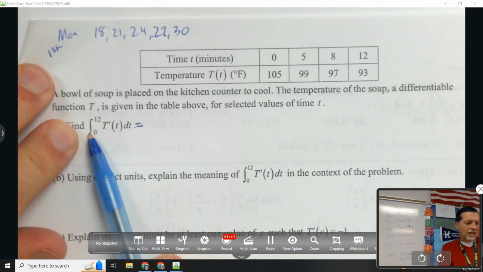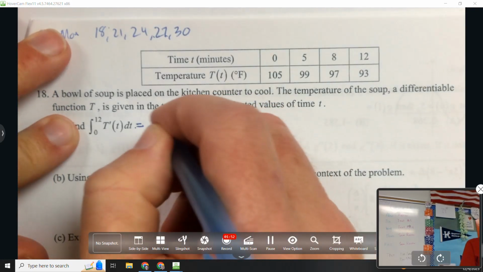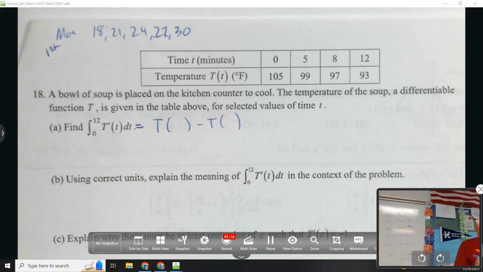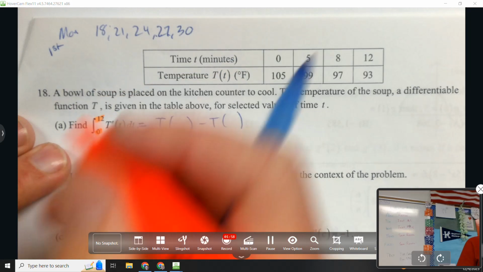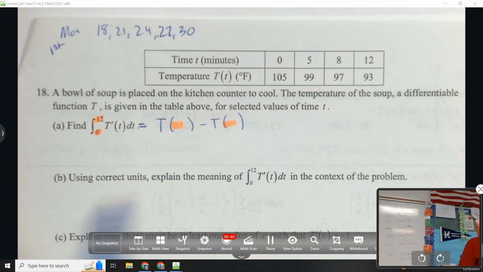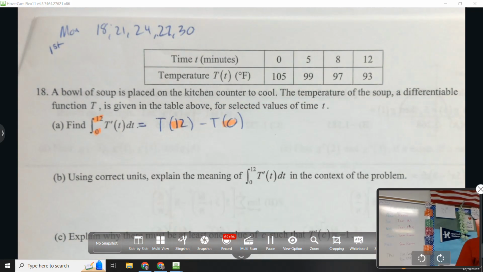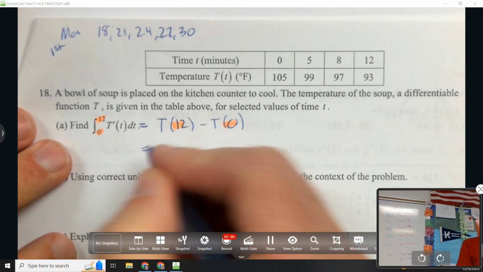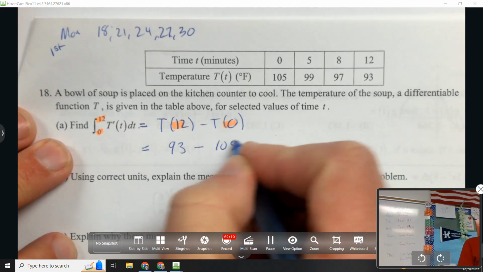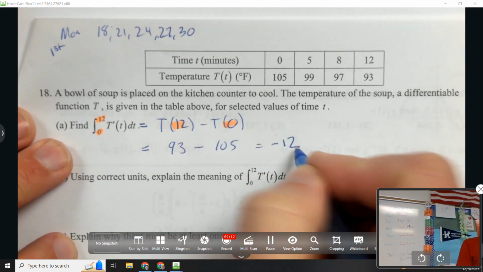Yeah, it's the antiderivative of t prime, so that just gets us back to t. And our key points are 0 and 12, so t of 12 minus t of 0. And so all this one is 93 minus 105. That's negative 12.